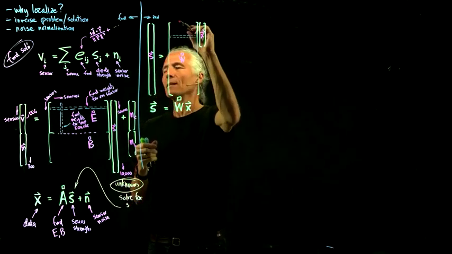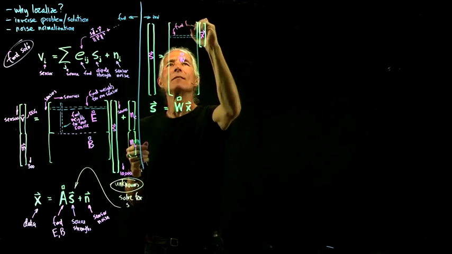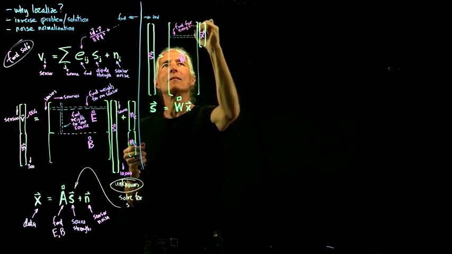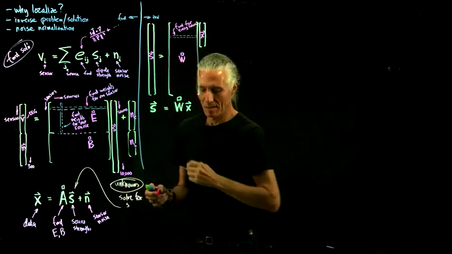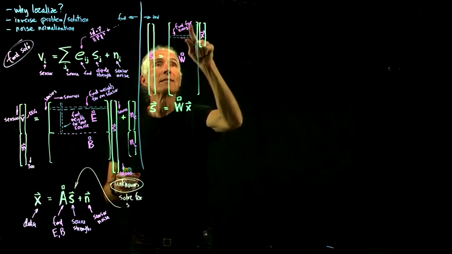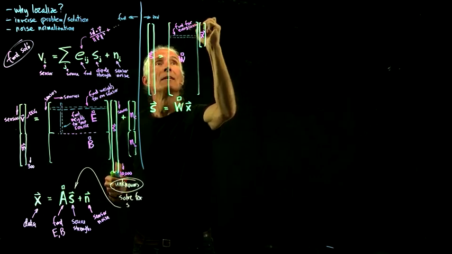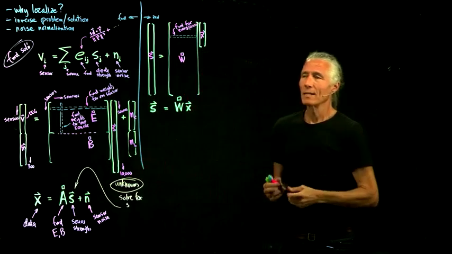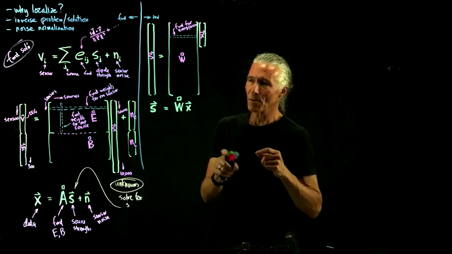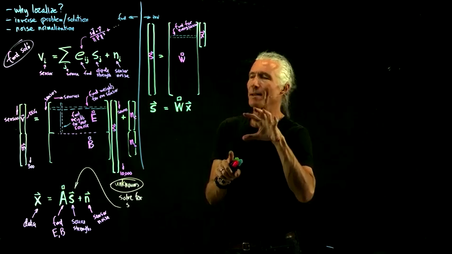So this would be for every sensor. So one row there is going to relate, for a given source somewhere down in there, what is the forward solution for every sensor across the head?